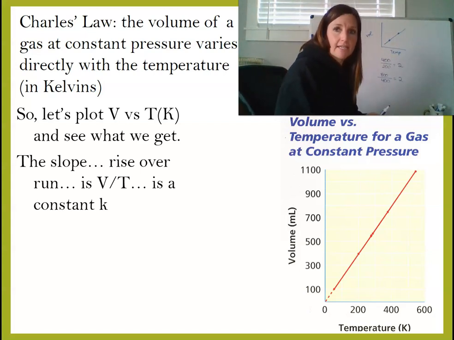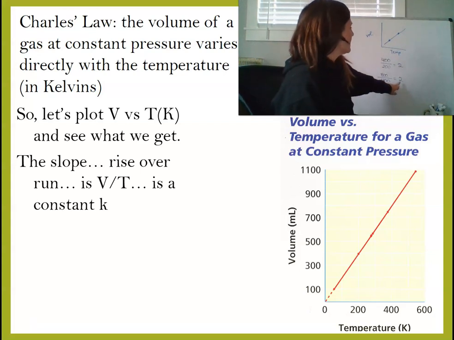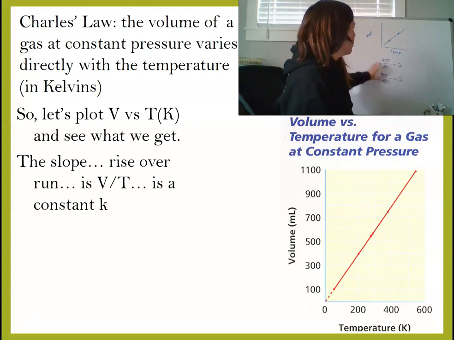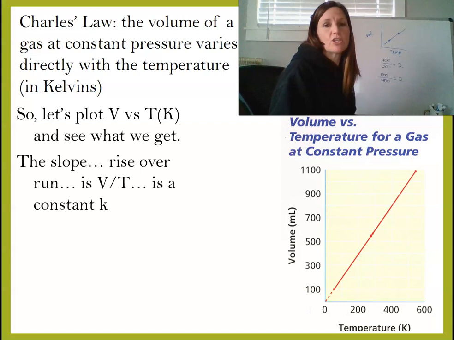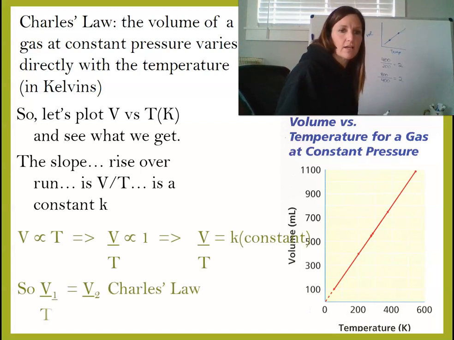So what we've proven here is that our rise over run stays consistent. The slope of the line stays consistent. So instead of setting these equal always to 2, we could set them equal to each other. And that's exactly what Charles' law does. It sets one rise and run equal to a second rise and run.